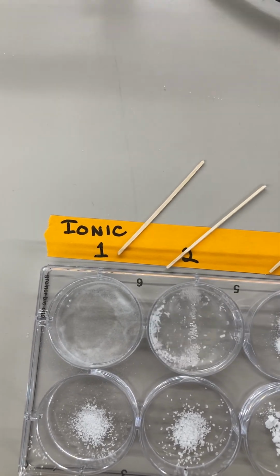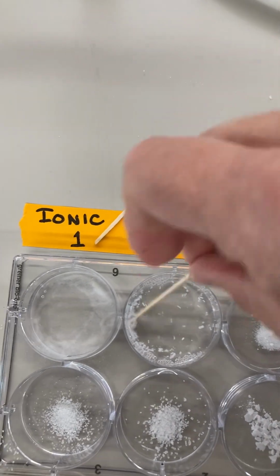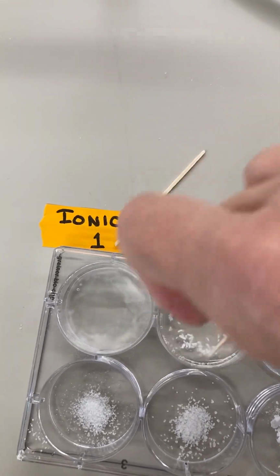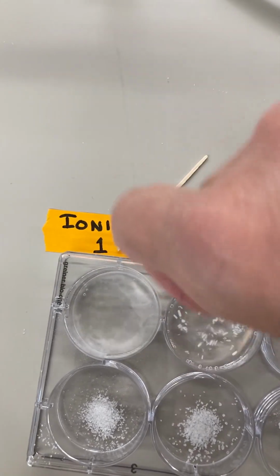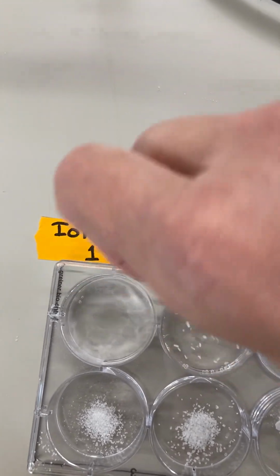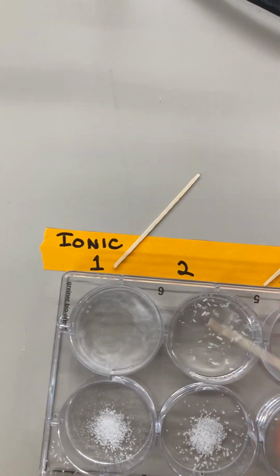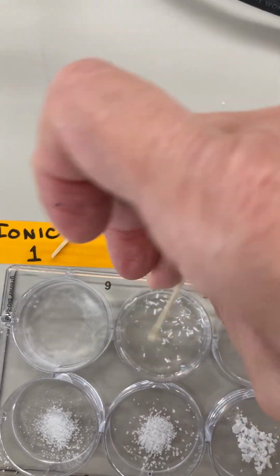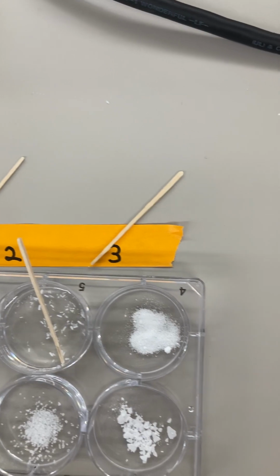Give it some water and stir it. Stir, stir, stir. It is dissolving, it's just taking its sweet time. As you can see, there are fewer crystals there. I'm going to leave that for a second.